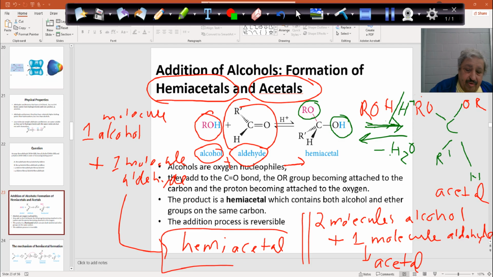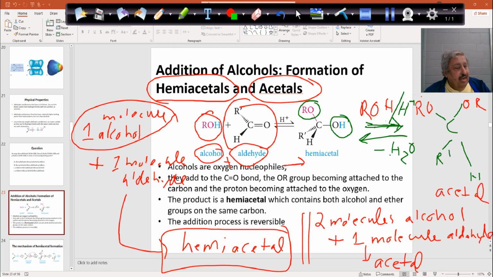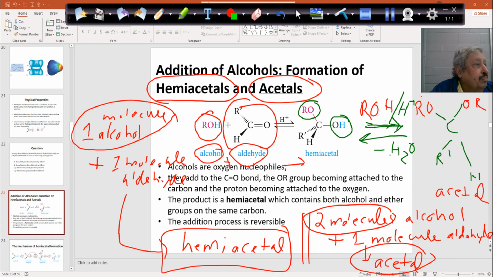So, one molecule of alcohol gives you hemi, which means half. Half acetal. If you get two molecules, you get what? Acetal. The word hemi means half.